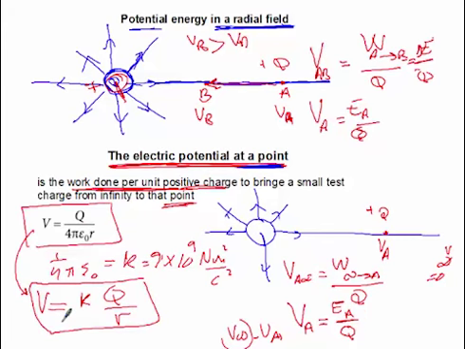As you see here, the greater the charge causing the electric field, the greater the potential we have. This is the potential at any point. And the greater r is, the less the potential. That's why when r is infinity, we get 0 potential.